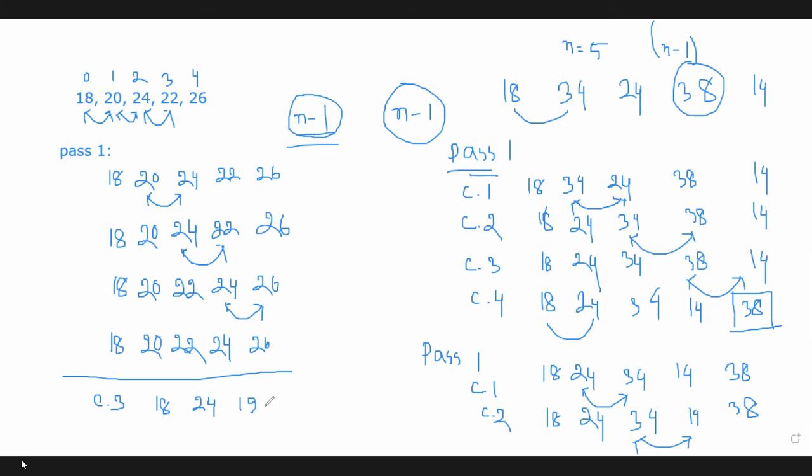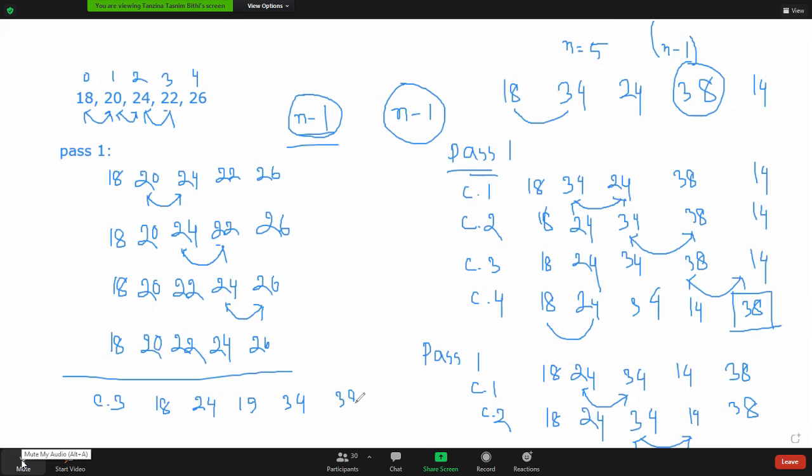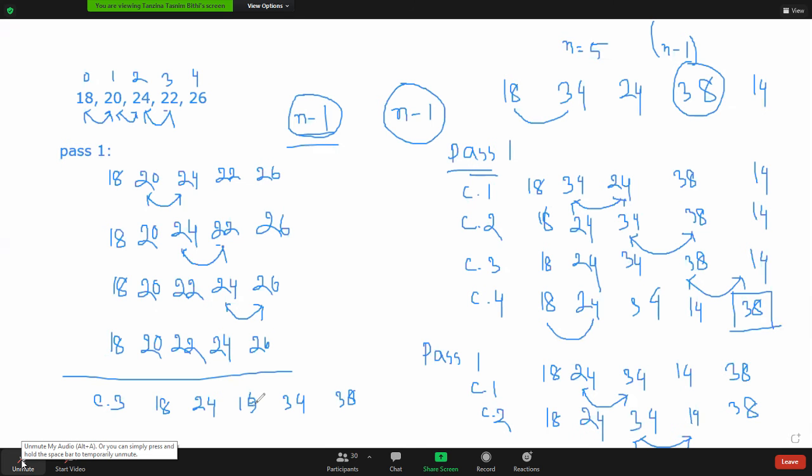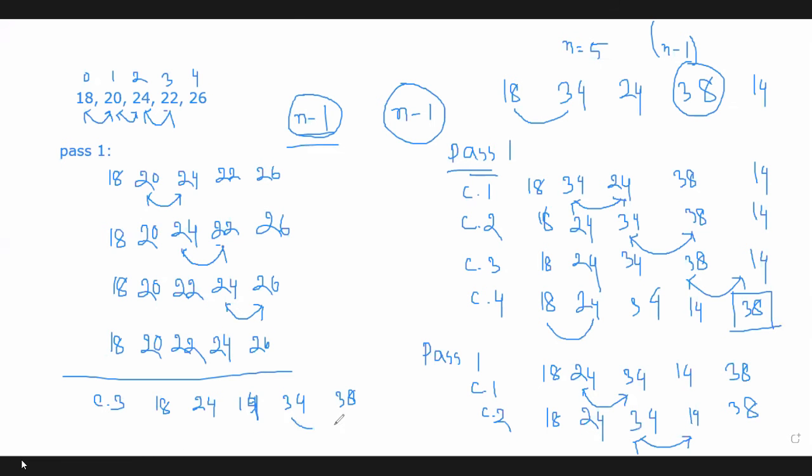So 14, then 34, and then 38. That's 14, not 19, sorry. Now these two numbers will be compared, so we need another comparison. After this comparison, the arrangement will be 18, 24, then 14, 34, and 38.